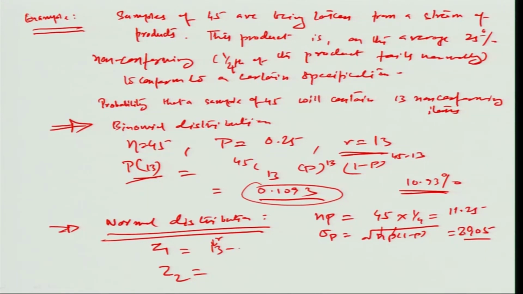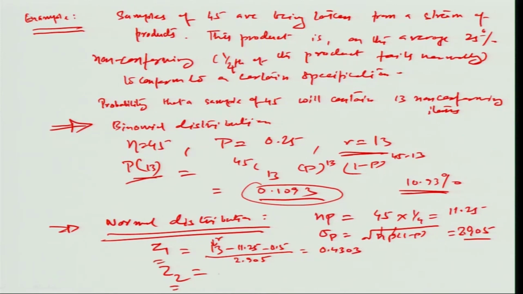So, here we can calculate this as r minus np, that is 13 minus 11.25, minus 0.5, making a local continuity around the value r, divided by 2.905, and it comes out to be 0.4303.